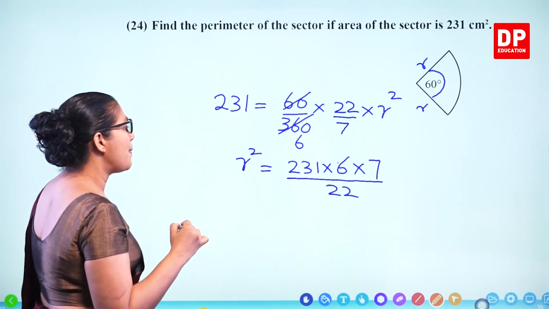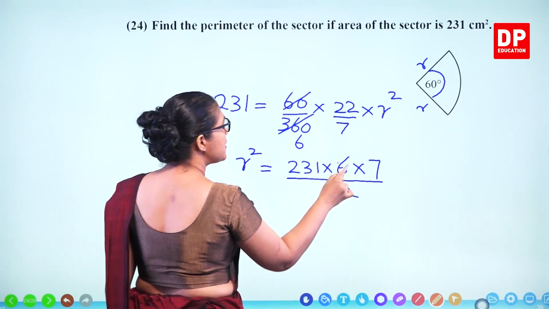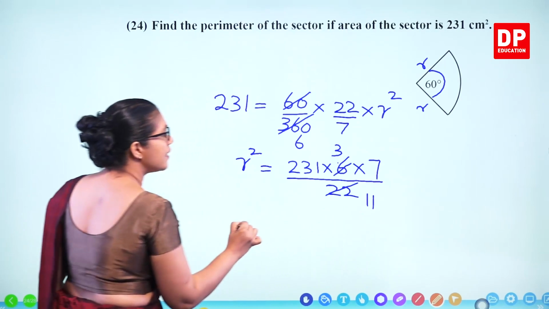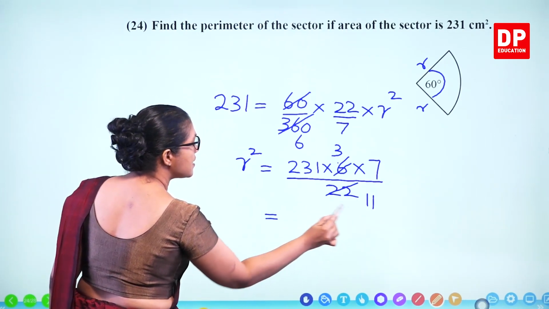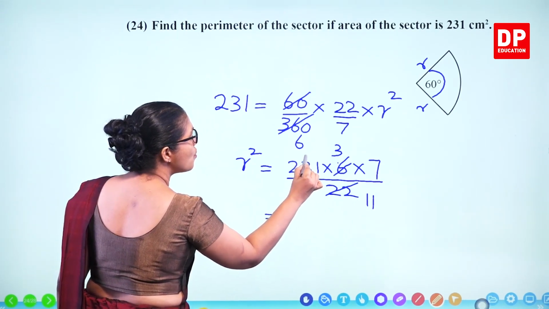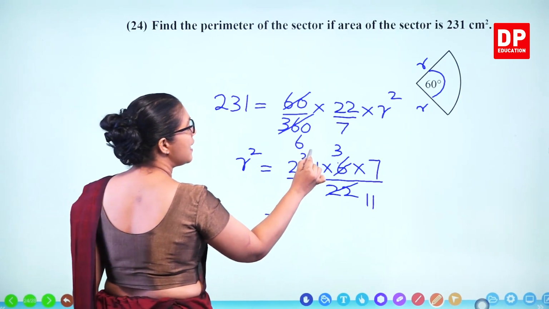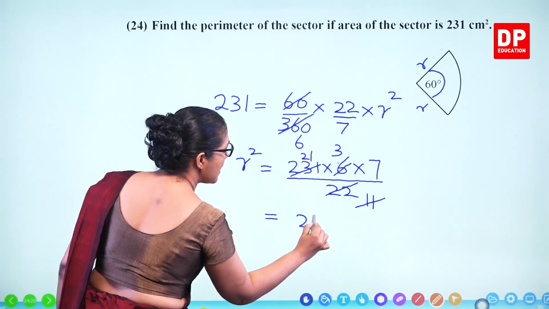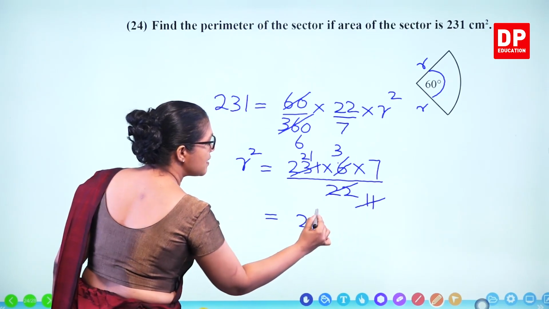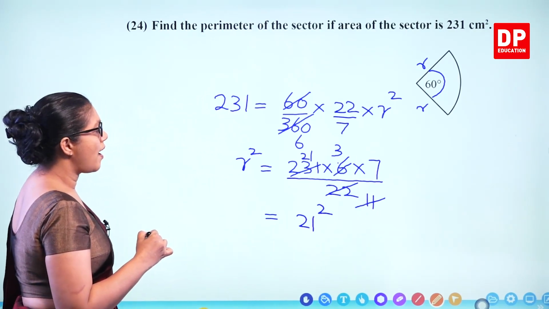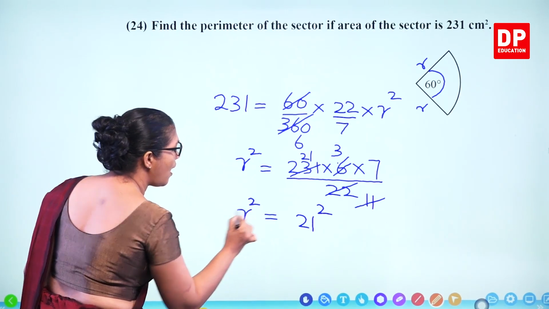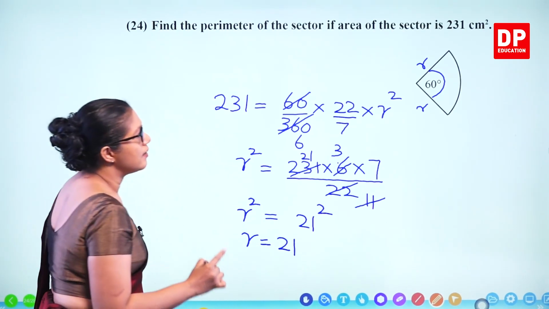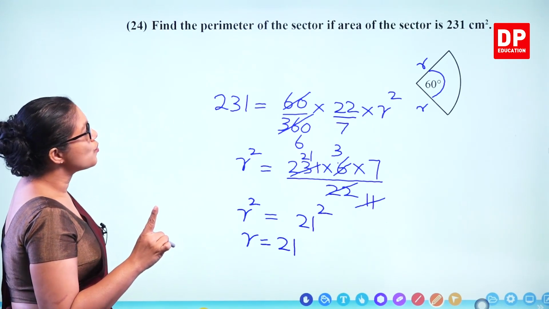Now simplify. 2 times 3, 2 times 11 and 11 times 2, 22, and for 11 that's 1. So 21. 21 is there. 3 times 7, 21. So 21 squared is equal to r squared. So what's r? R equals 21. Now we found out r is 21.